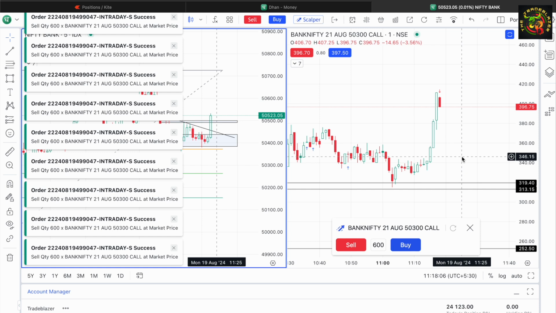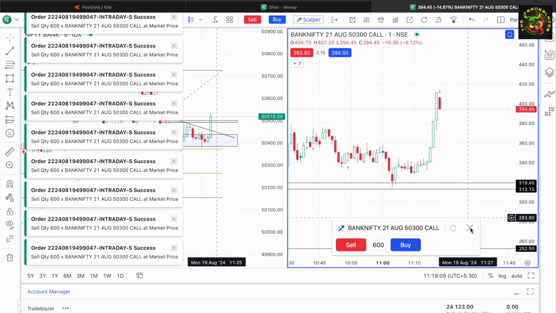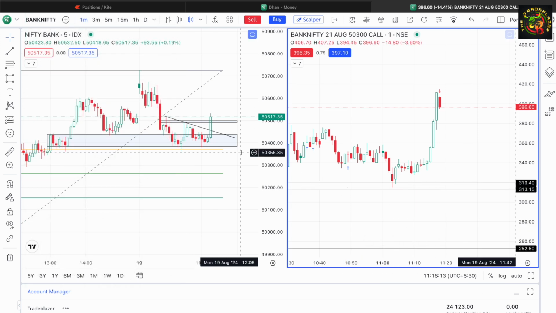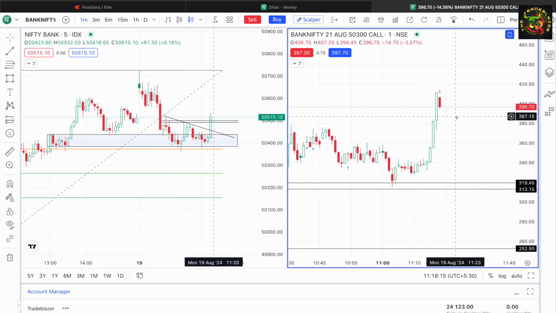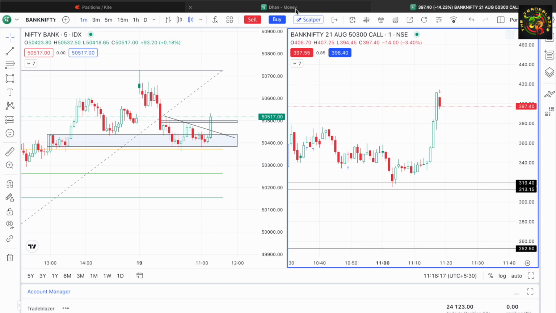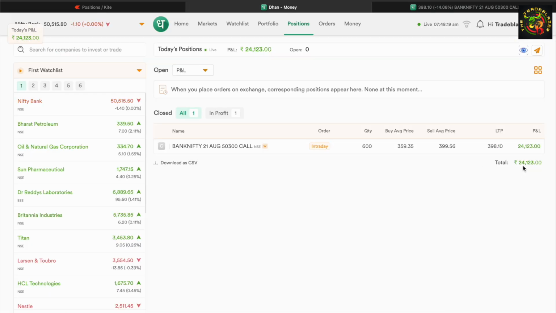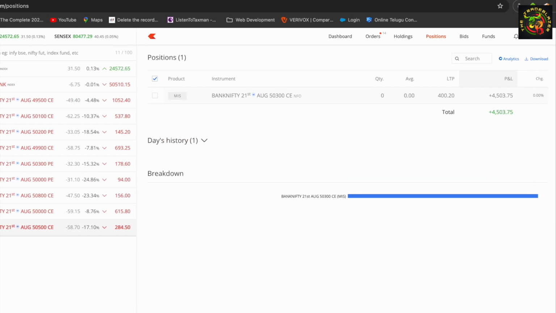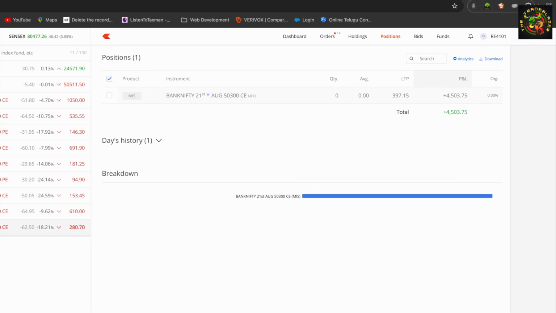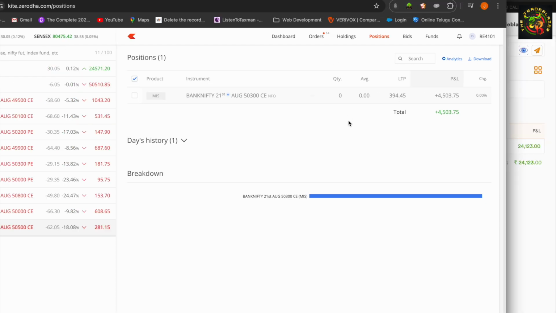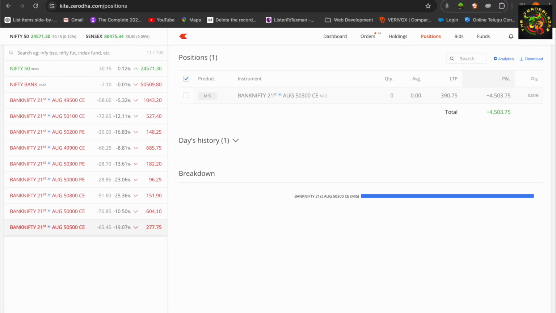You can see I've just closed the trade with about 24 points, which means close to 40 points captured in this trade with the averaged price. You can see 24,000 is the profit in Dhan, and I made around 4,500 profit in Zerodha. So overall it's around 28,000 profit for today.